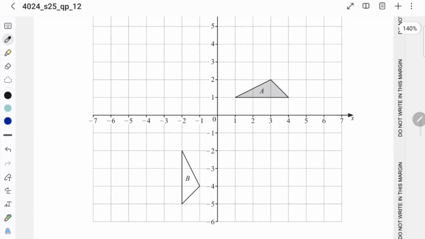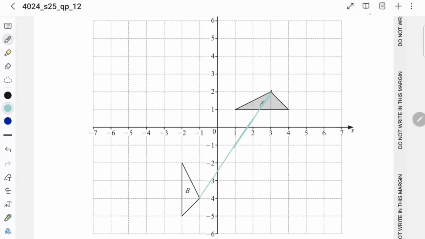If they are not parallel, that means it's a rotation. So quickly join the points of two corresponding points. This is the first line I have drawn. The second one now, joining the second corresponding point. So they are not parallel lines, so it's a rotation, which is the answer.